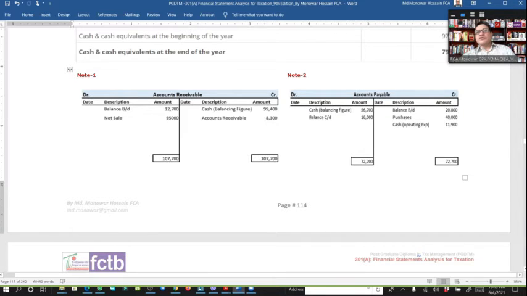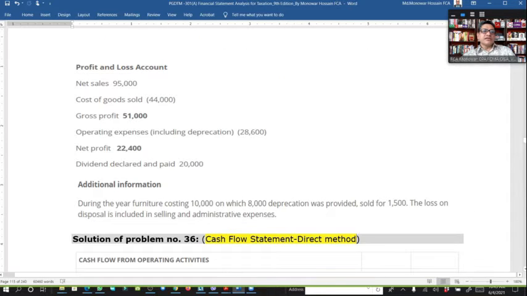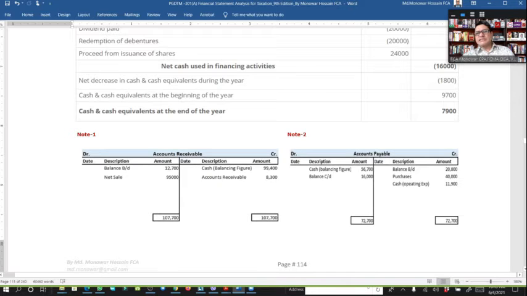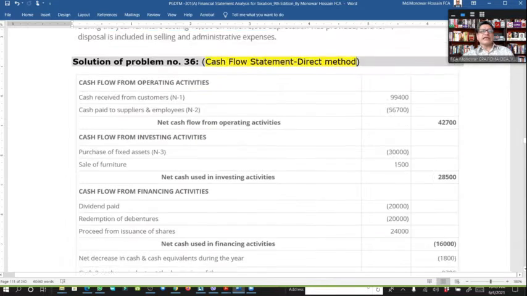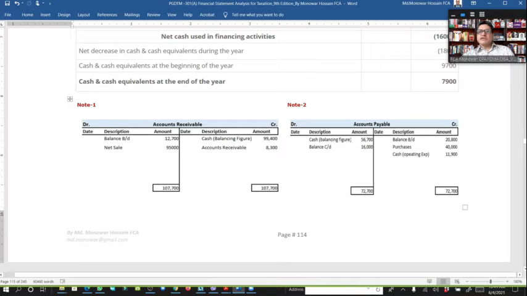How do we get purchases of 40,000? Cost of goods sold is 44,000. Cash operating expenses are 11,900. Purchases 40,000 plus cash operating expenses 11,900, total 72,700.